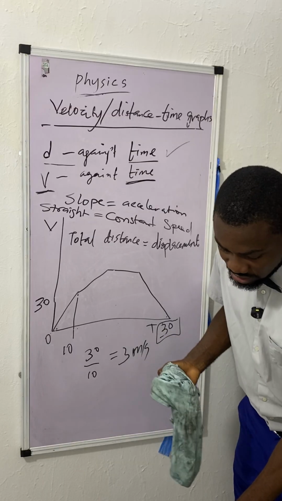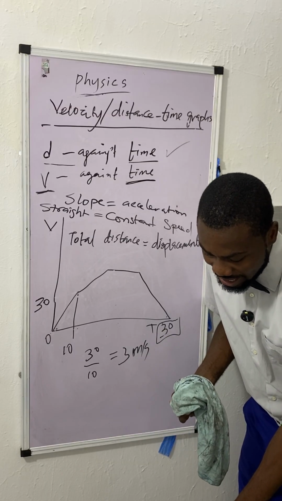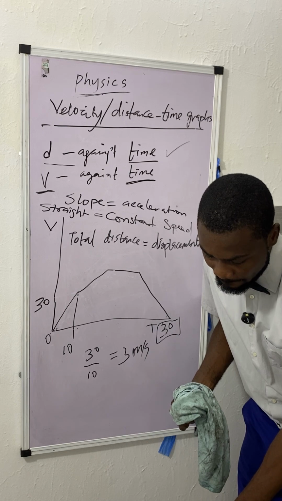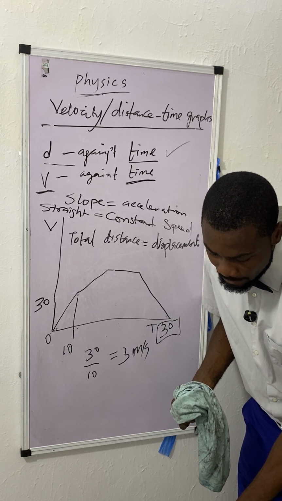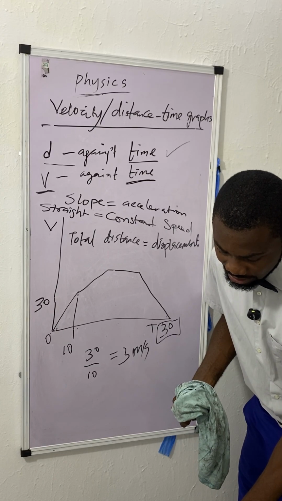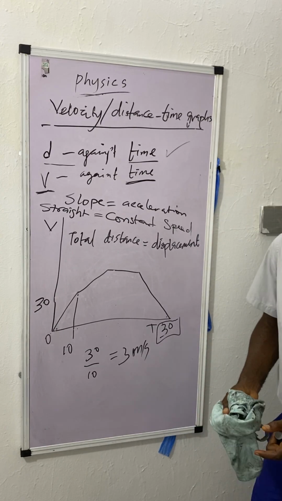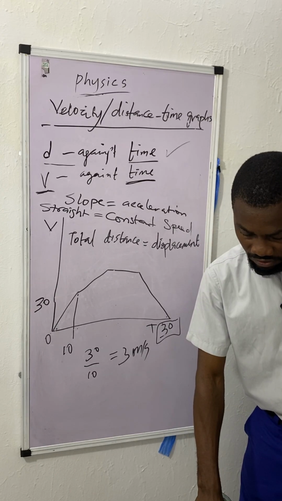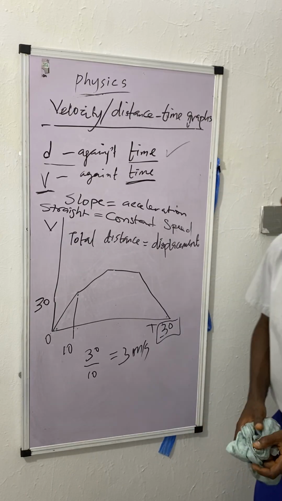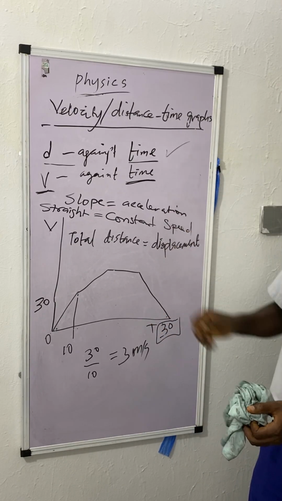So we are done with the graph interpretation for velocity time graph and distance time graph. There's something about the velocity time graph that is different from the distance time graph.